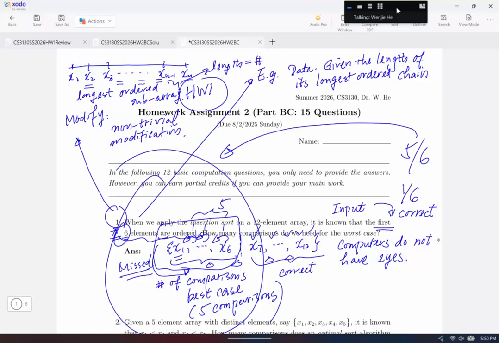Because I ask you the maximum number of comparisons. So for different locations, your number of comparisons could be different. Think about that. Think about that question. Okay?